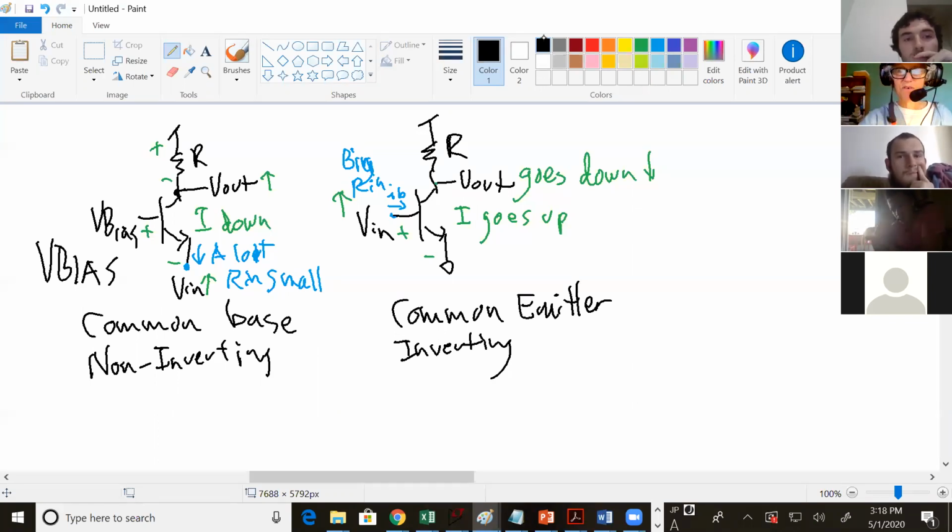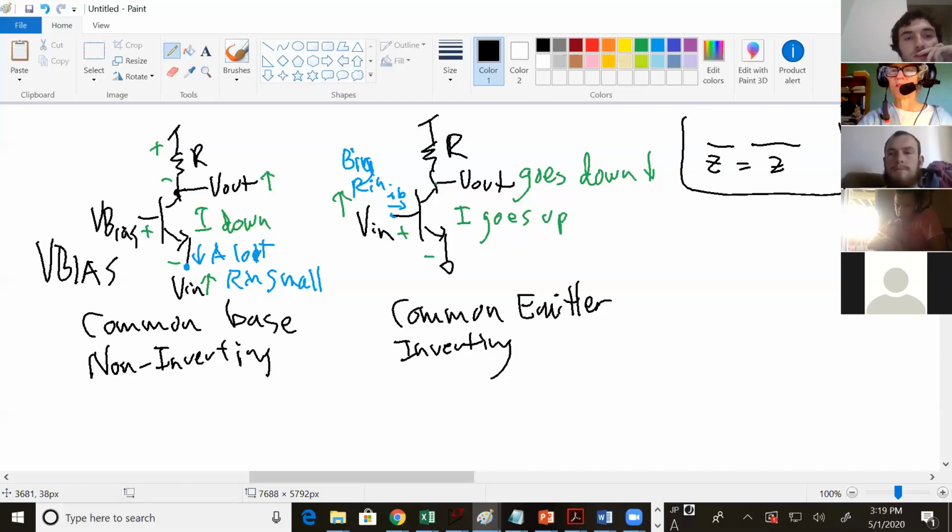And if you go back a long way, that happens when you're connecting two things. If the impedance of the two things are equal, that's when you get your maximum power transfer. So the maximum power transfer theorem: your Z out equals your Z in.